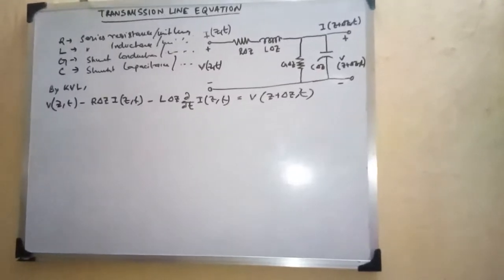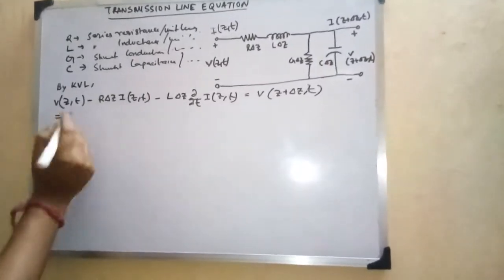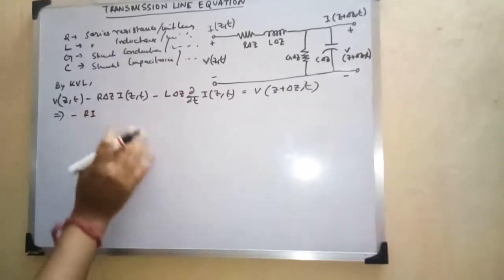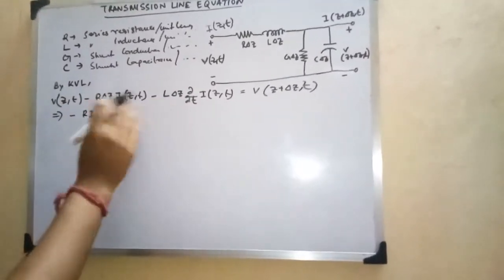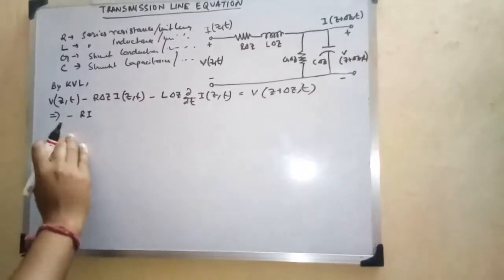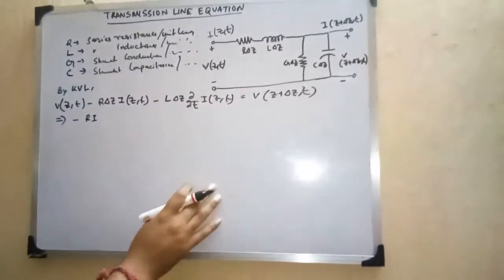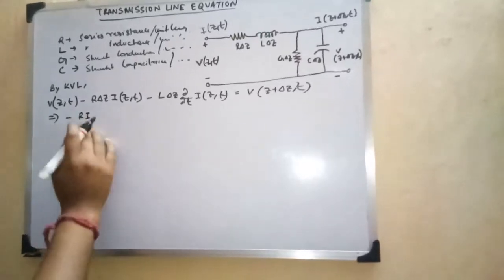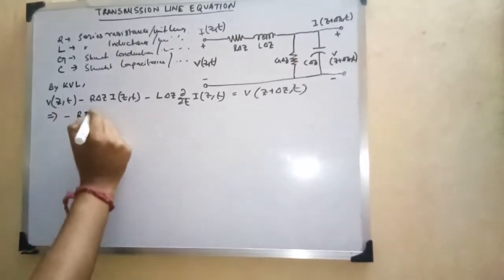From this equation we can write minus R I(z,t) minus L del/del t of I(z,t) equals [V(z plus del z, t) minus V(z,t)] divided by del z. We are just keeping the current expressions on the left hand side and taking the voltage on the other side.